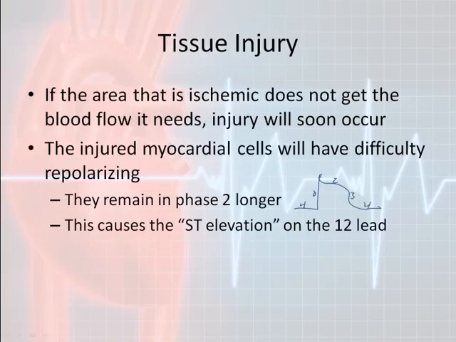This is the 5 phases of the cardiac cycle of muscle depolarization and repolarization. Phase 2 is where you stay in phase 2 a little bit longer, and what that does is, through a complicated system, it causes ST segment elevation on the monitor. This is tissue injury, but the tissue can still be salvaged.